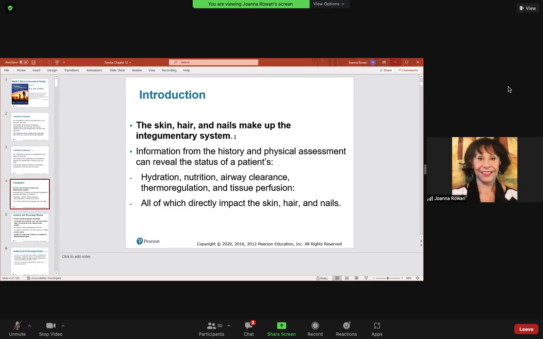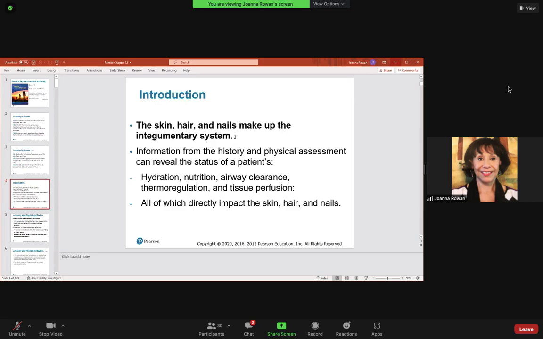Information from the history and physical assessment can reveal the status of the patient's hydration, nutrition, airway clearance, thermoregulation, and tissue perfusion, all which directly impact the skin, hair, and nails.